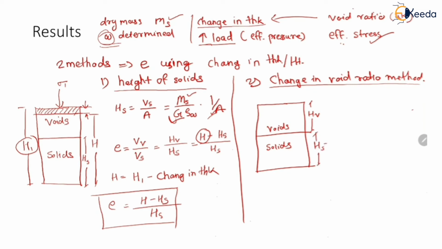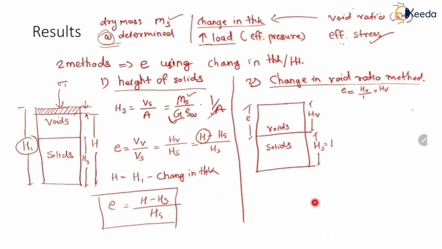Suppose height of solids is considered as 1 unit. In that case, void ratio will be equal to height of voids upon 1, which is equal to height of voids. So this is void ratio, which is equal to height of voids.